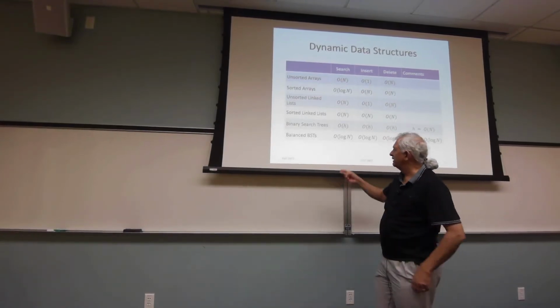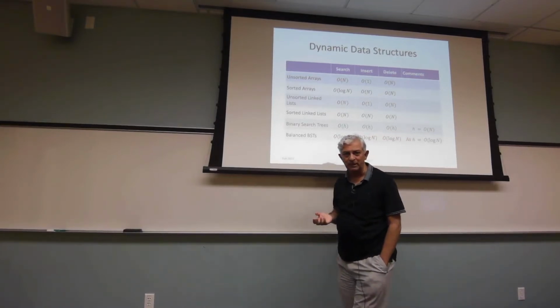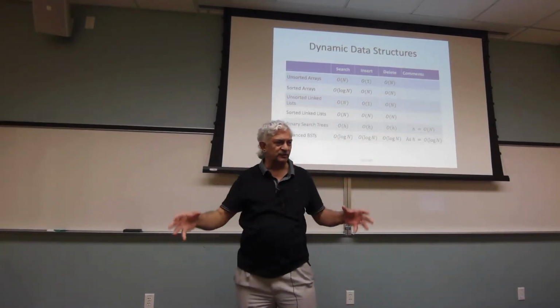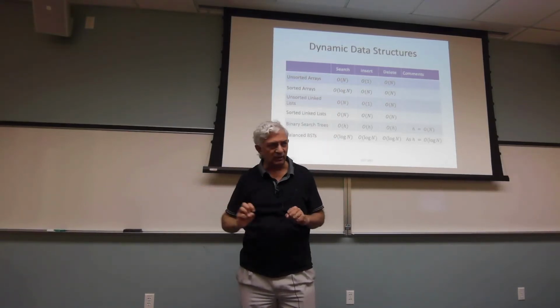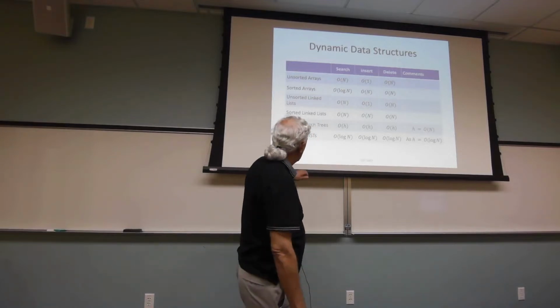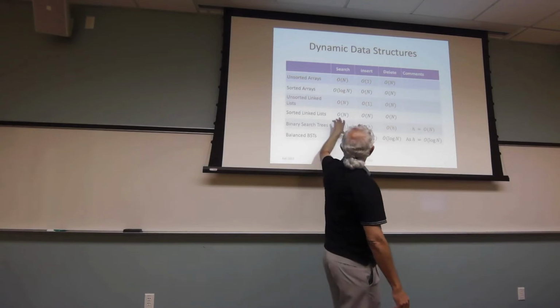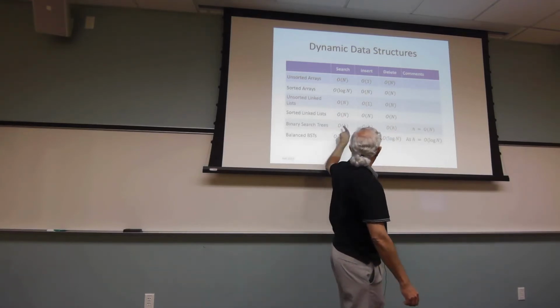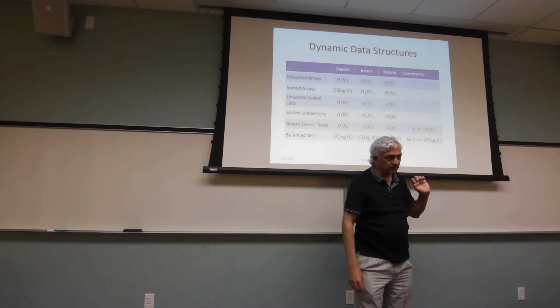Okay. And then there are these search trees. You guys are familiar with something called binary search trees, and a binary search tree has this nice property that small items are to the left and large items are to the right. If you have something like that, it turns out that search, insert, and delete can be performed in time big O of h, where h is the height of the tree.